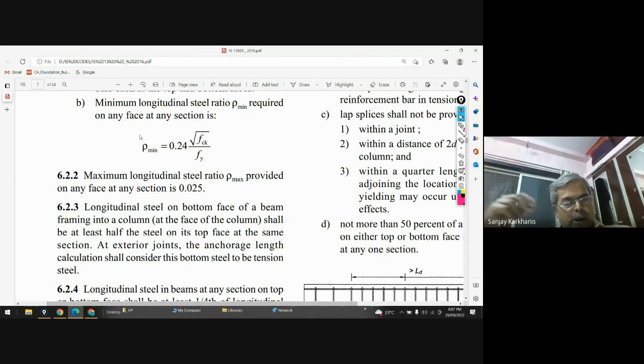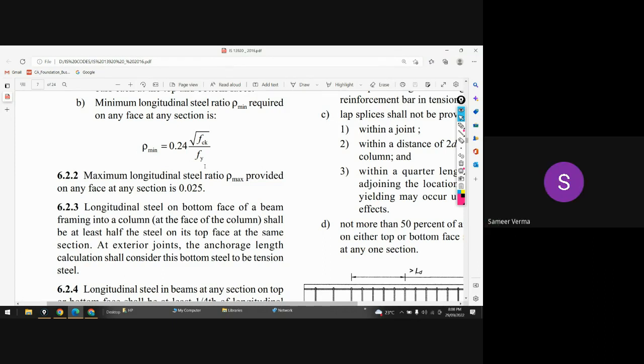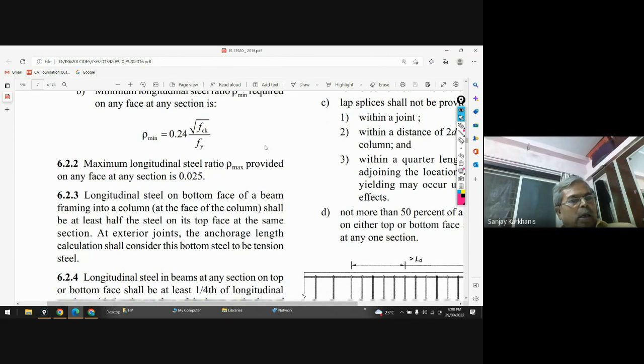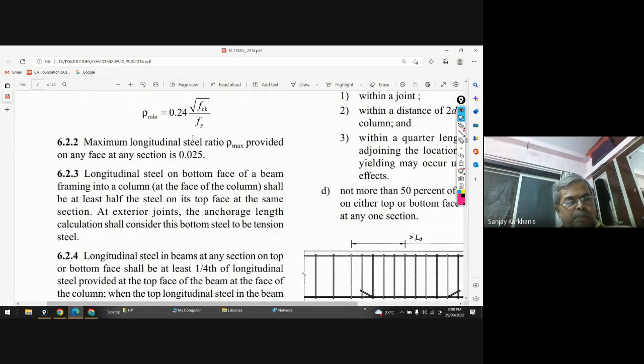Now you can go and read IS 456 for minimum percentage of steel in beam, and you will see that the code says 0.85 over Fy. That means it is depending only on Fy. Now here the code is taking care that it depends on grade of concrete as well as grade of reinforcement. Clear? Clear, sir.